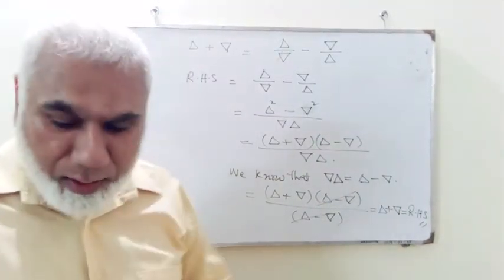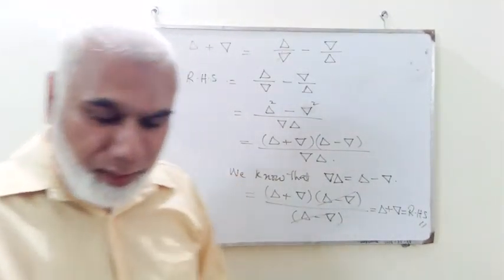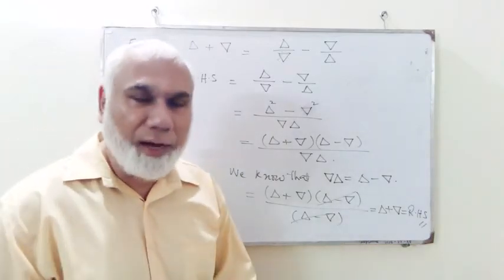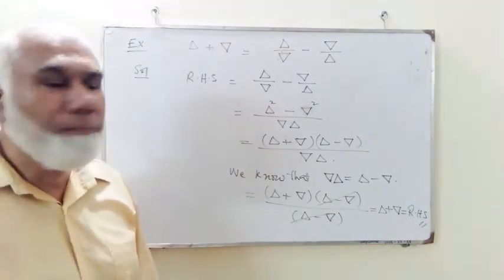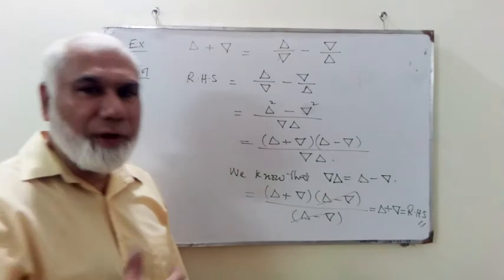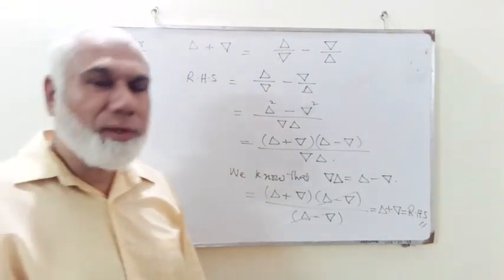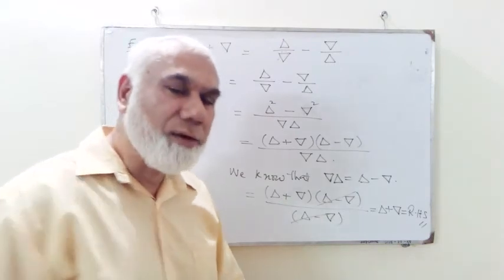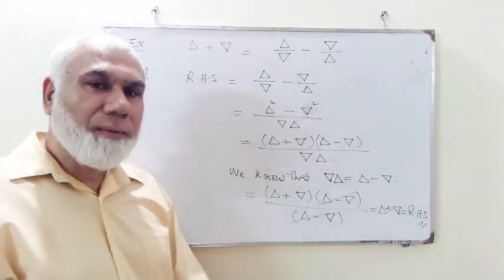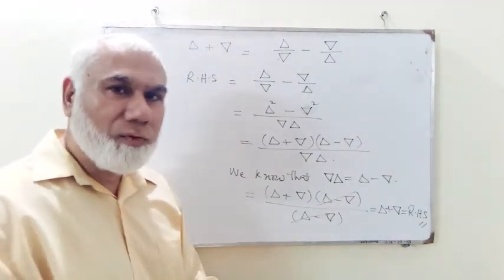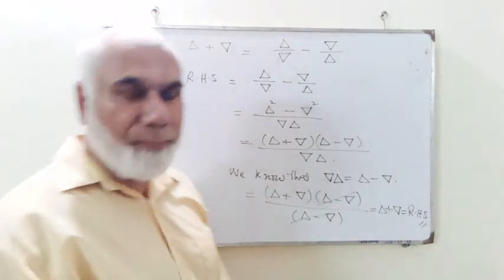Now I am giving you one more identity, and that will be the last identity I am going to introduce here. And besides this, there are a variety of identities available in the literature in different books, so you can take those identities for practice and do more practice to get good control on these operators.